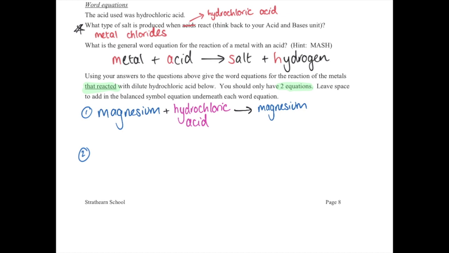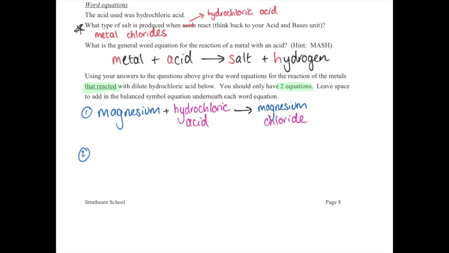The salt has two names, and the second name comes from the acid. But remember, we said the acid doesn't stay the same name, it changes its name. And hydrochloric acid changes to chloride. So the name of the salt is magnesium chloride. And you can see I've colour coded it there so that you can see where those two names come from.